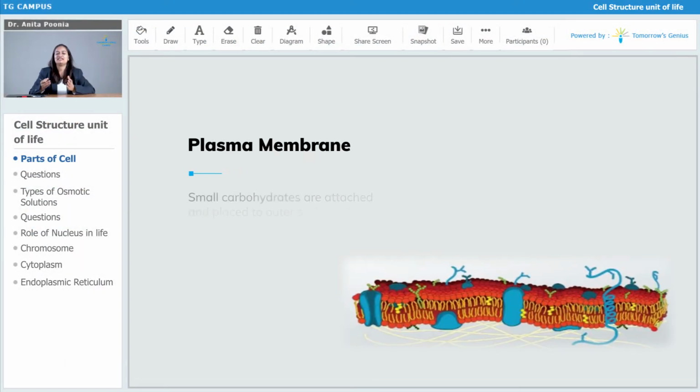So you could see the diagram that's there in front of you, right? You could see these are basically the integrated proteins, and then I'd show you the lipid bilayer. Could you see those head-like structures over here? These are the head-like structures, and again you could see head-like structures below at the bottom, right?